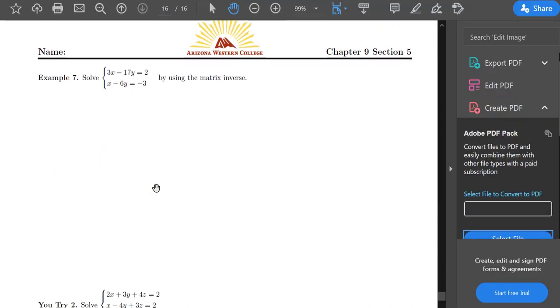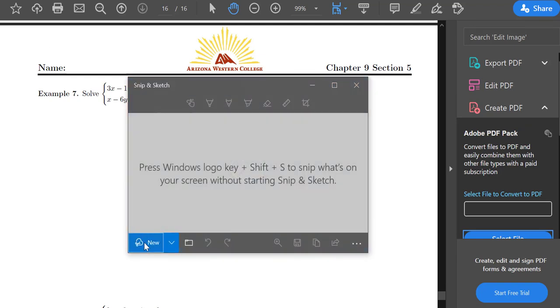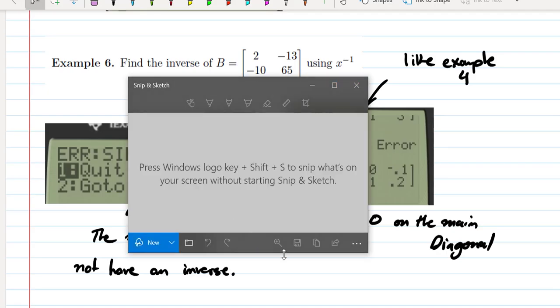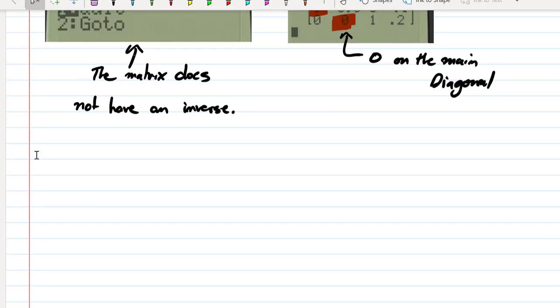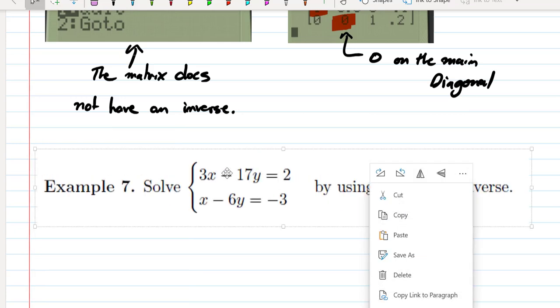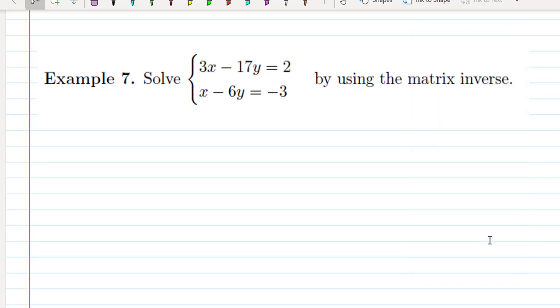So now, for example number 7, we want to solve this by using the matrix inverse. To do so, the first thing we're going to do is write the system as a matrix equation.